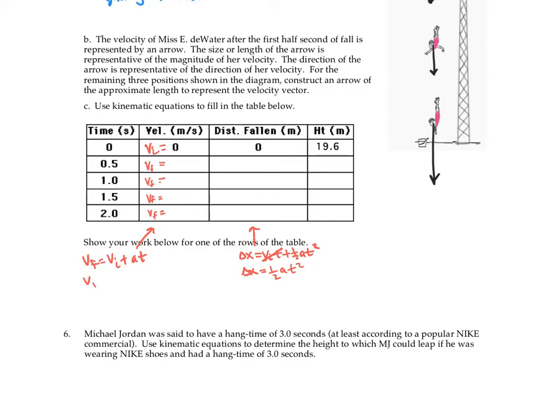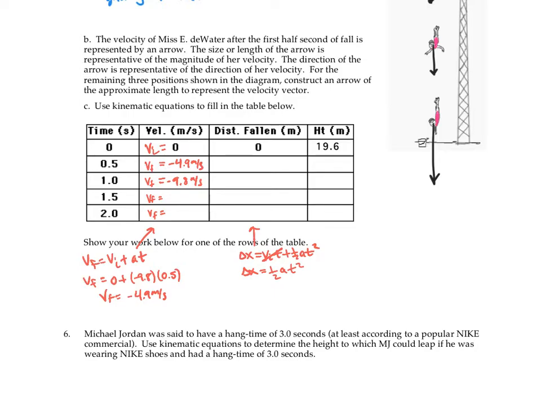So the first one, my final velocity after 0.5 seconds, initial velocity was 0, acceleration is negative 9.8, and the time was 0.5 seconds. If I multiply those out, I get a velocity of negative 4.9 meters per second. If I use the same equation but put in 1 second, I get a negative 9.8 meters per second.